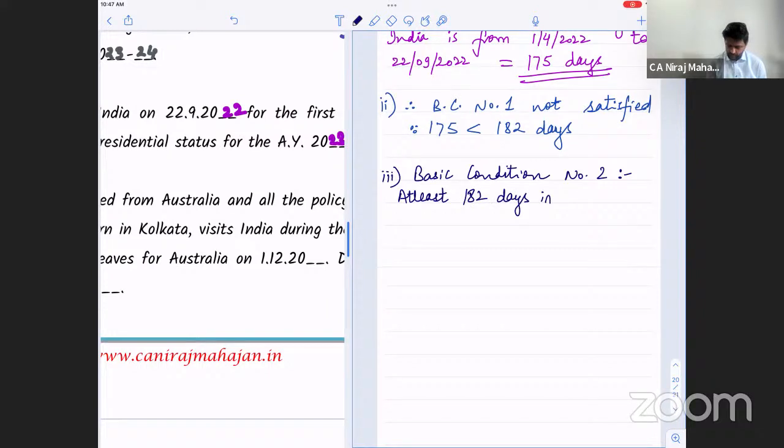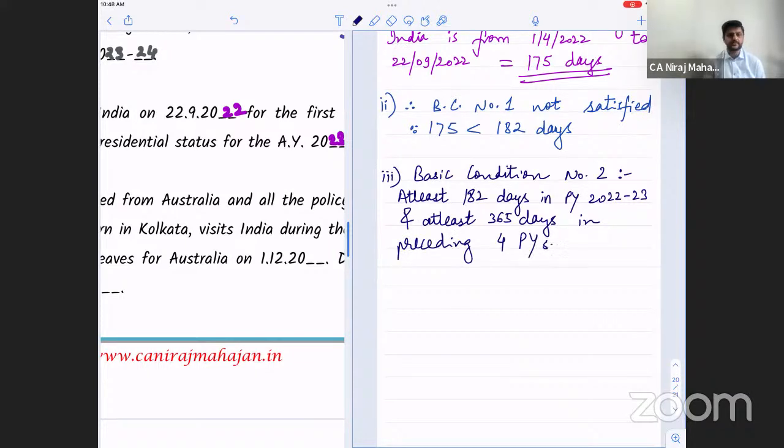In current year or no? Yes, in PY 22-23, and again at least 365 days in preceding 4 PYs, 4 previous years.